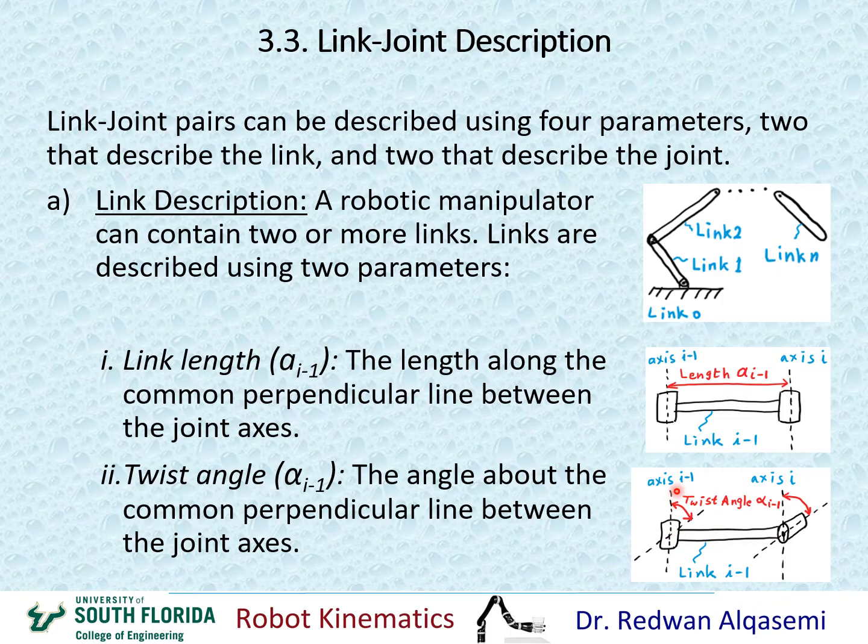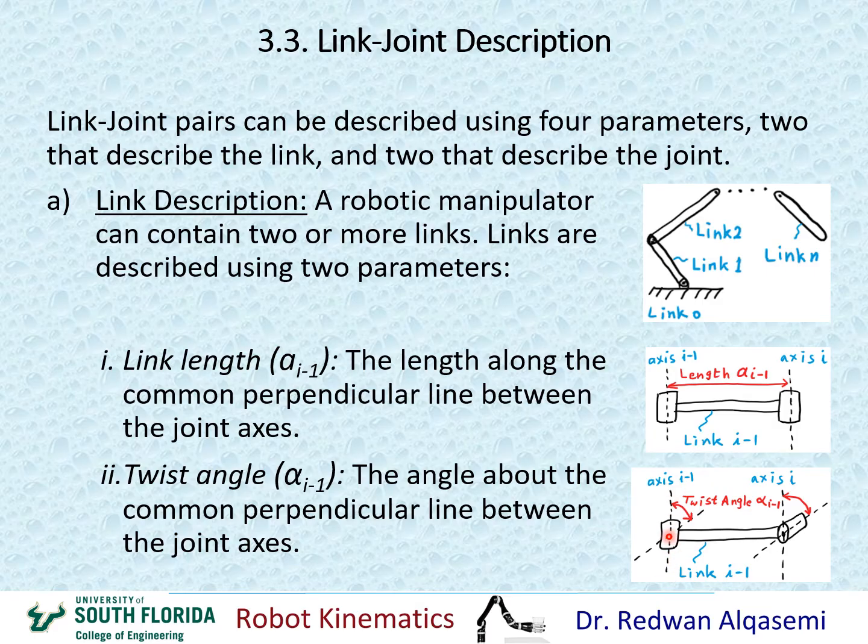Since axis i-1 and axis i are not parallel, there will be a unique, single line that connects these 2 axes and is perpendicular to both of them. That line would be right in here where these intersect. You can see the intersection point: this line represents axis i and this line represents axis i-1.